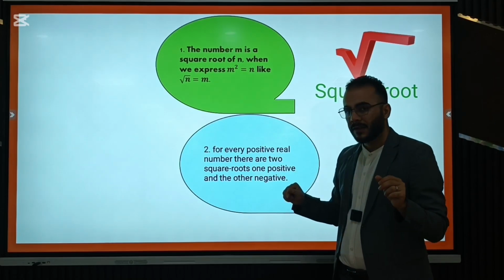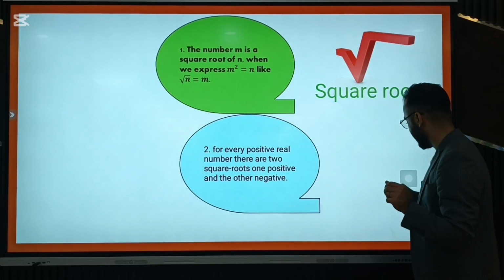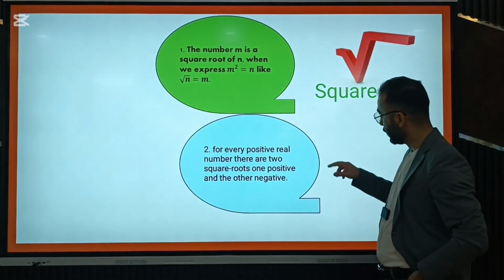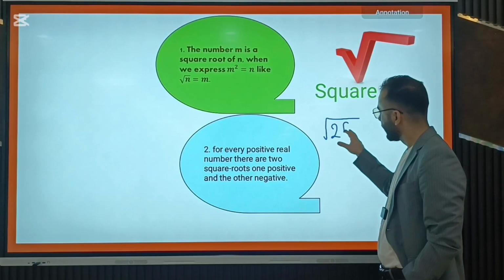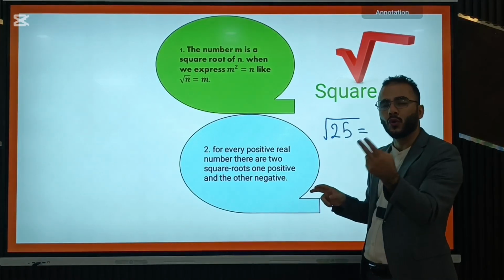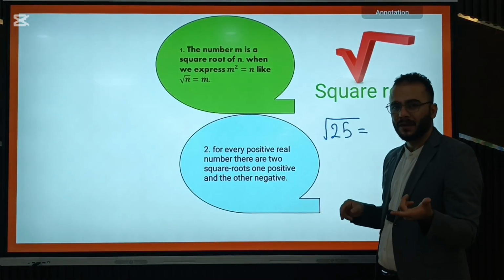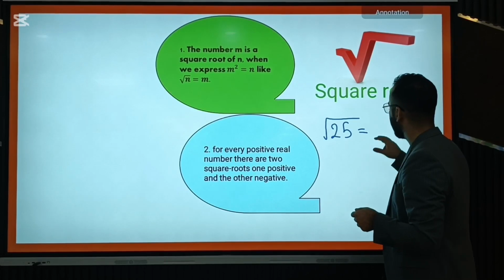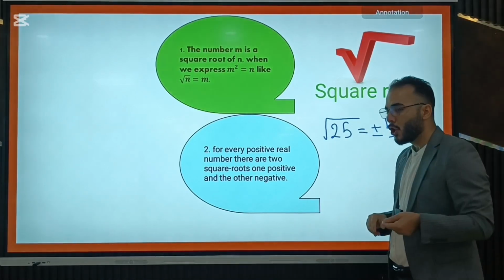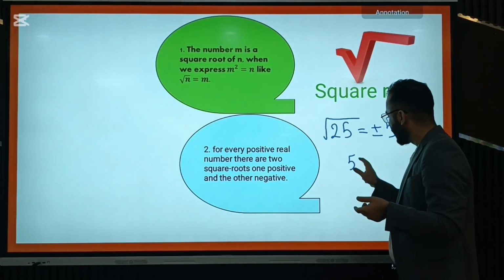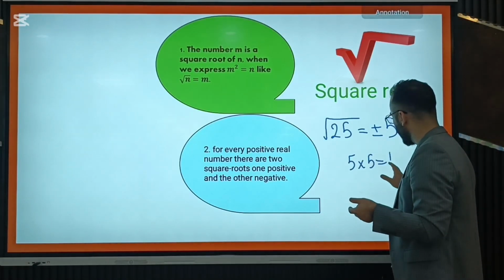One is positive and the other one is negative. Example: let's say you have square root of 25. We are going to have 2 roots, one positive, one negative. So the square root of 25 is equal to positive and negative 5. How? 5 times 5 is equal to 25.